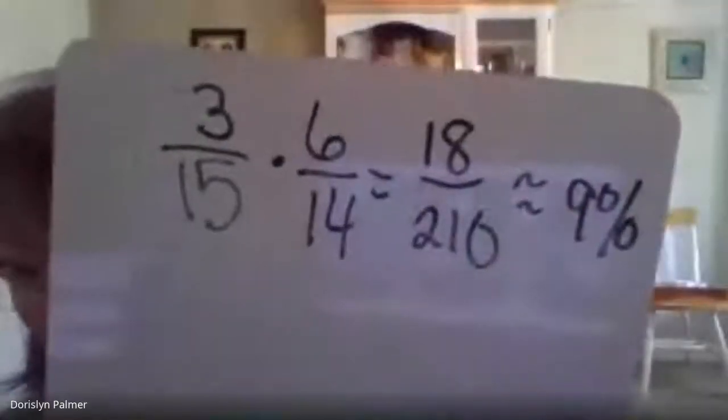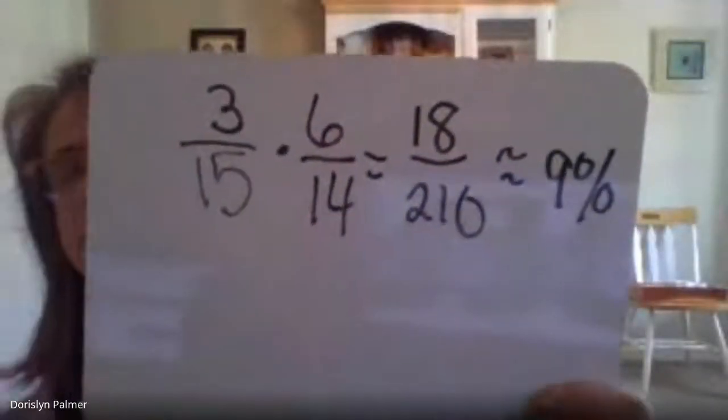Okay. Oh, yeah, sorry. It's 210. Yeah, 18 over 210. That's approximately 9%. Because whenever I type in a number, it multiplies by 2 for some reason. What would the fraction be? 18 over 210.